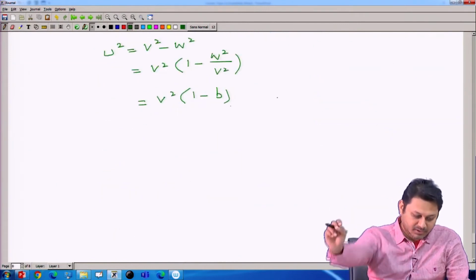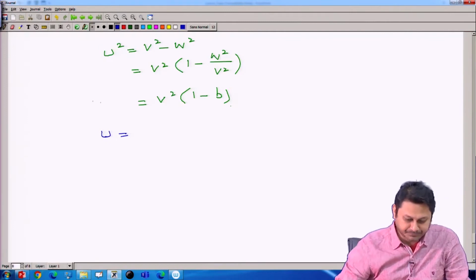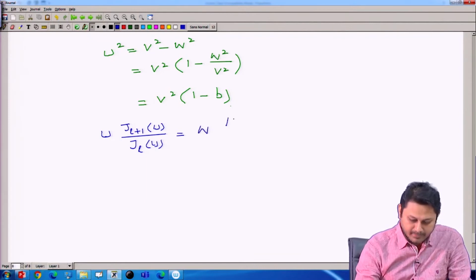So, I can write down my transcendental equation once again. My transcendental equation was u J L plus 1 u divided by J L u is equal to w K L plus 1 u divided by K L u.